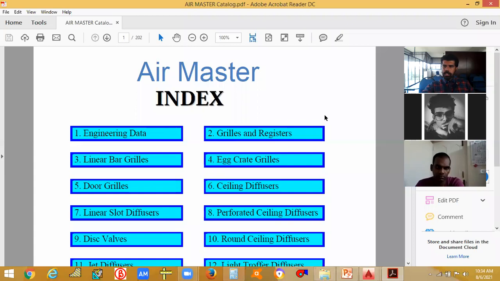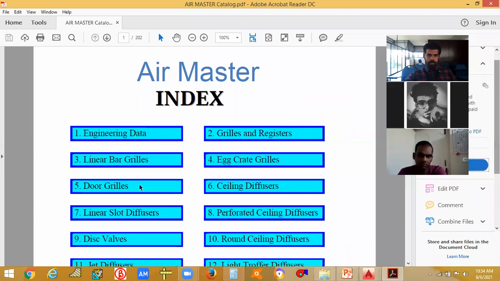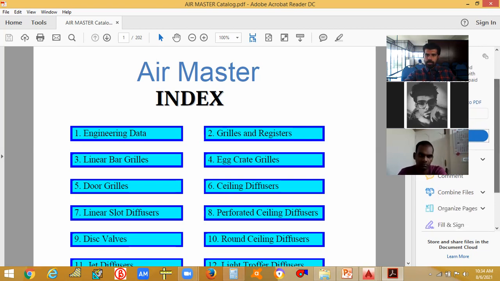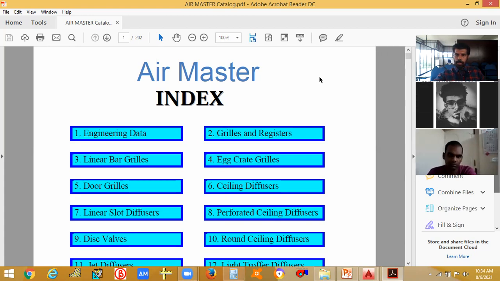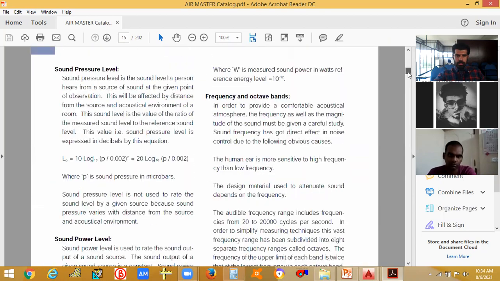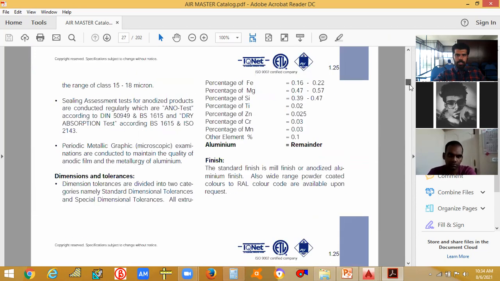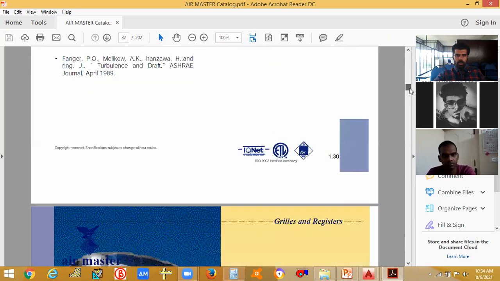So how to choose the disc valve is given in chapter 9 in the index. Chapter 9 about this is given, so I'm going to choose 9. Different air terminals are given in this catalog, you can go through the catalog.